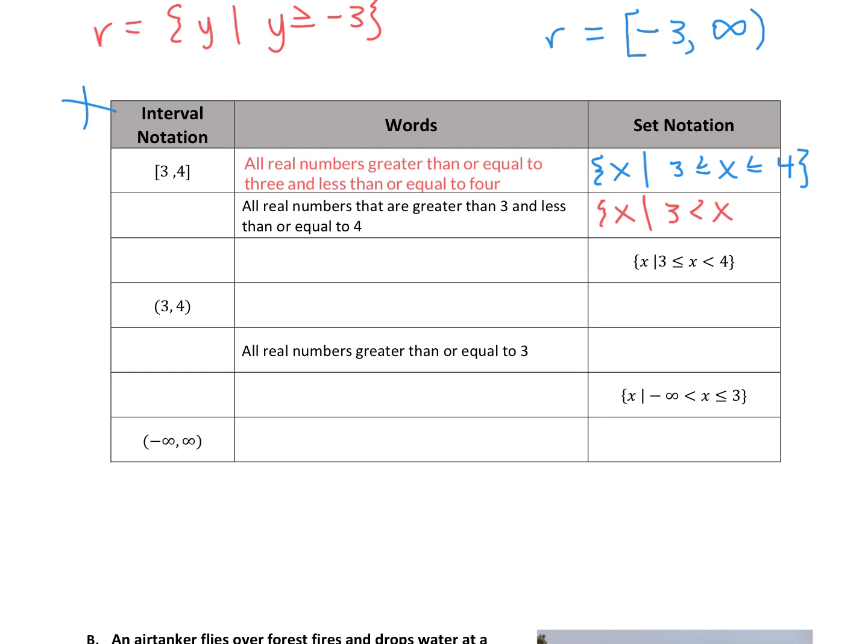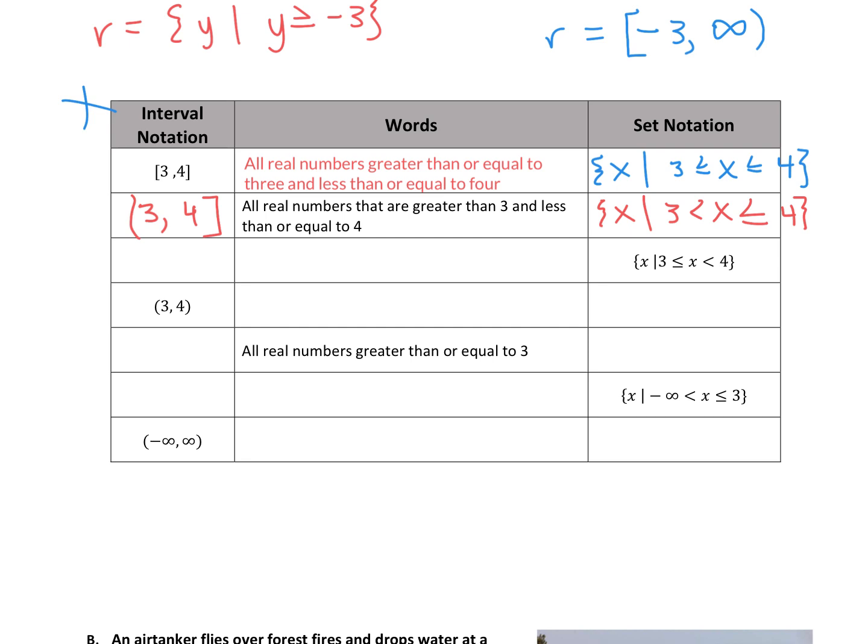We're not including the 3. And it's less than or equal to 4. So this time we're including the 4 in our domain, but we're not including the 3. So what that looks like in interval notation, 3 is the smallest number, 4 is the biggest number. We included the 4, so it gets a bracket, but we don't include the 3, so it gets a parenthesis.